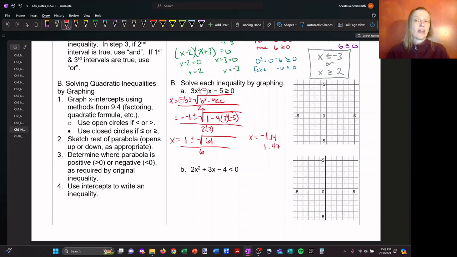You could have also graphed this on your graphing calculator and used the trace function to figure out what those x-intercepts are approximately. But here, negative 1.14 is going to be just past negative 1, and 1.47 is about halfway between the positive 1 and positive 2.